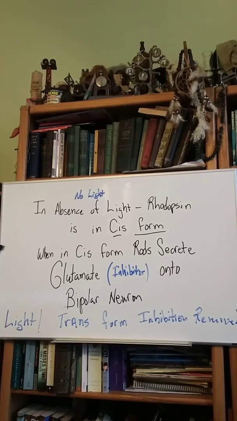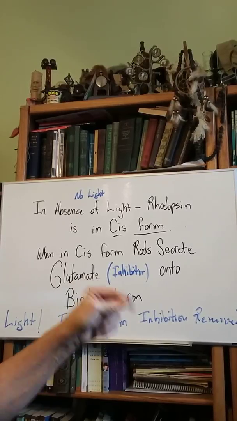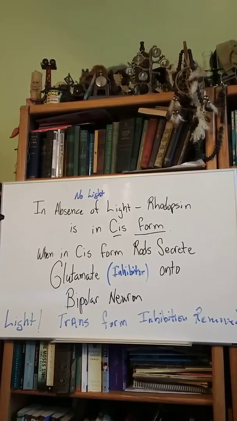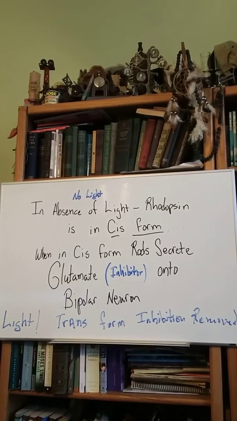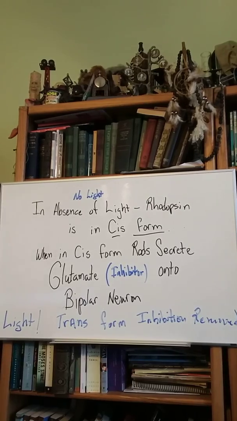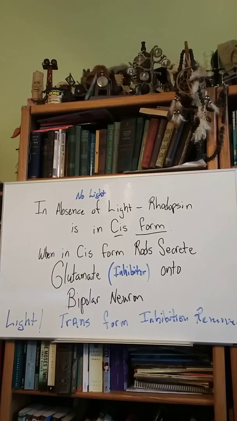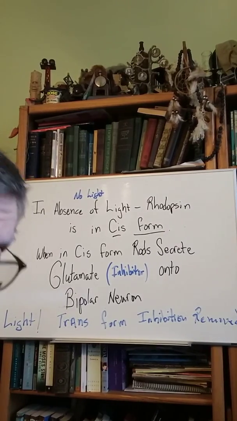When it is in the cis form, the rod cell is going to be secreting glutamate onto the bipolar neuron. Glutamate is an inhibitor of action potential by the bipolar neuron. So in the absence of light, the bipolar neuron doesn't send a signal to the brain saying we have light.